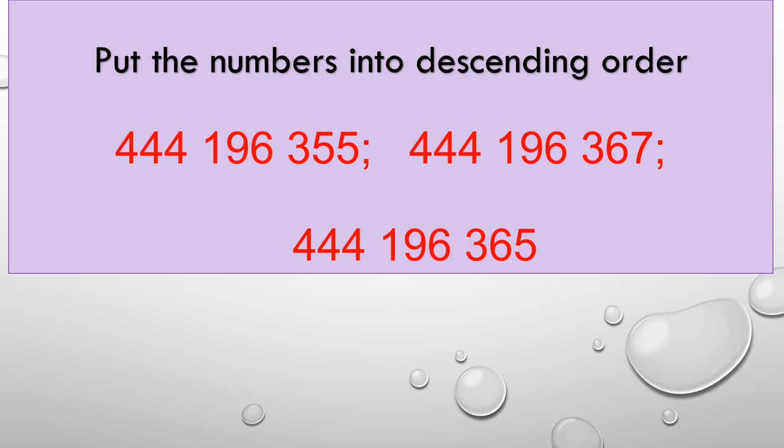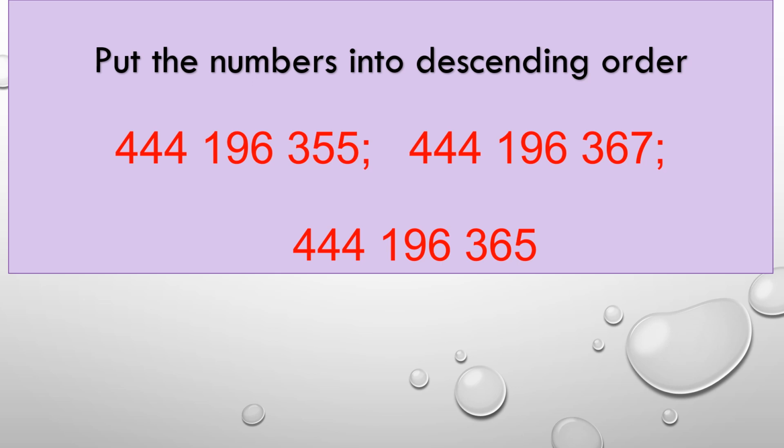Till here all the three numbers are the same. The only difference we can see is in the ones and tens column, that here it is 55, it is 67 and it is 65. So the very first number, which is biggest in all, is 367.